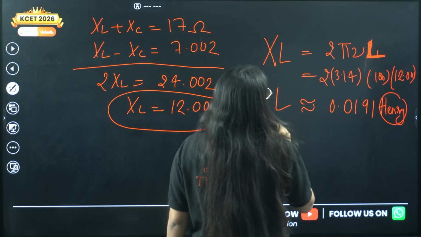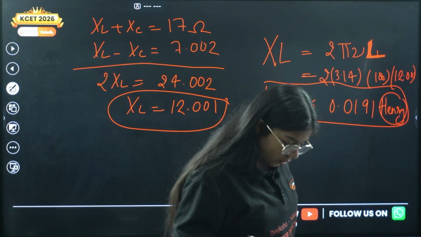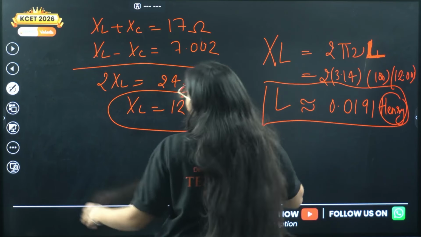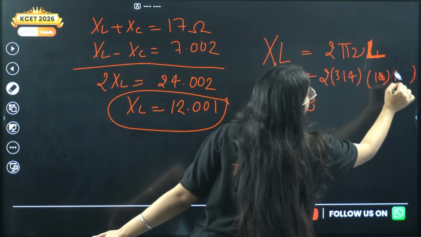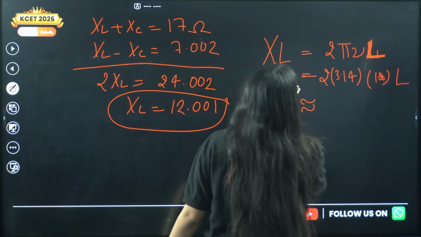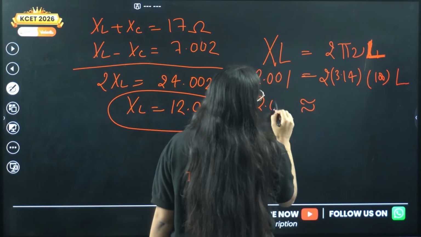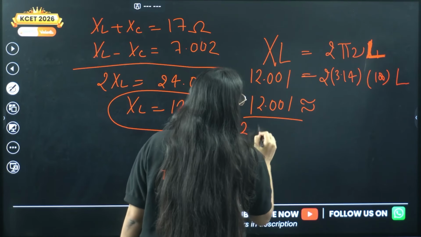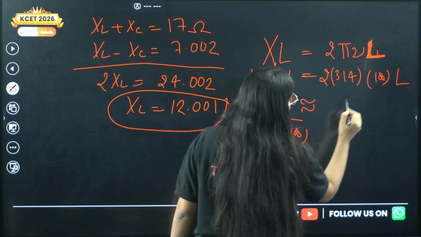No, there is something wrong. This is not given, this is L. We need to find the L. This is XL, given as 12.001. 12.001 divided by 2 into 3.14 into 100 will be my L.